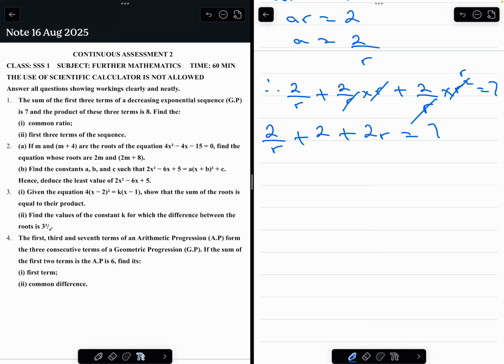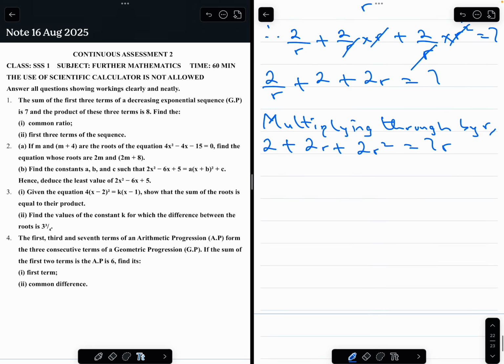If I multiply through by R, that simply means 2 plus 2R plus 2R squared equals 7R.